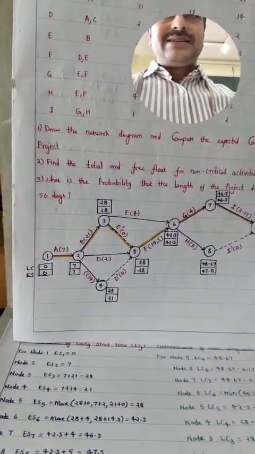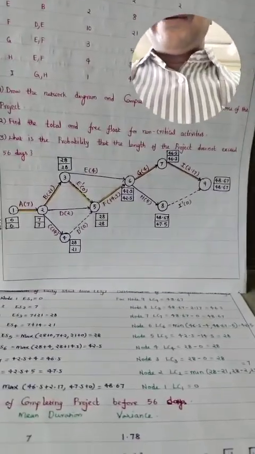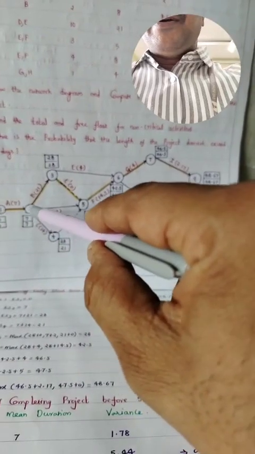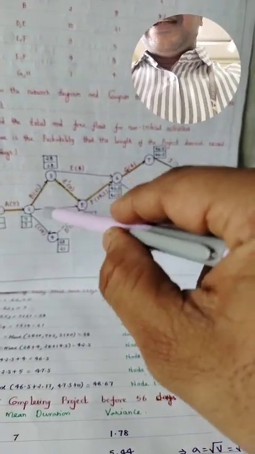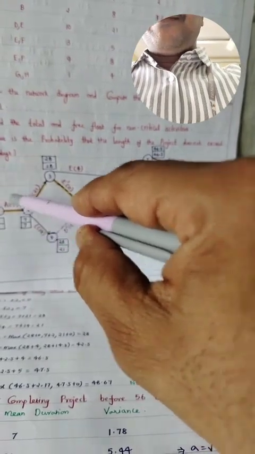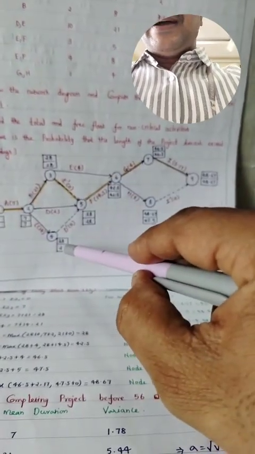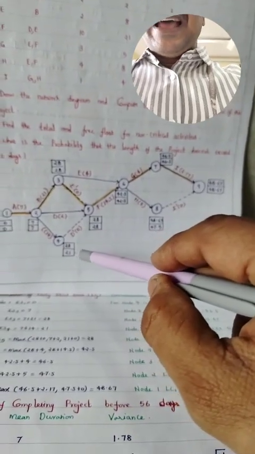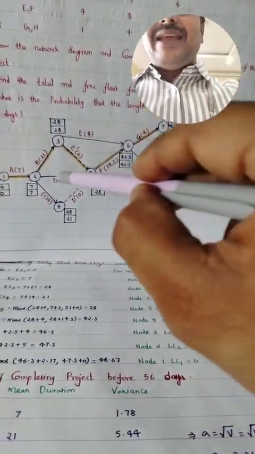Next I will take the third one, that is from 2 to 3 on C. That is 14 plus 7, which is 21. For the next node there are 3 lines.